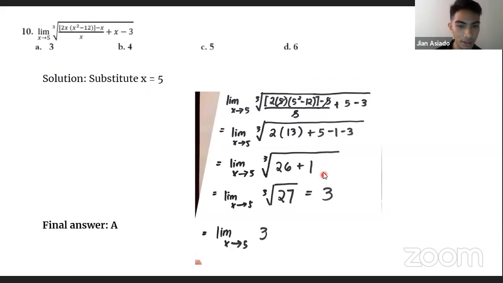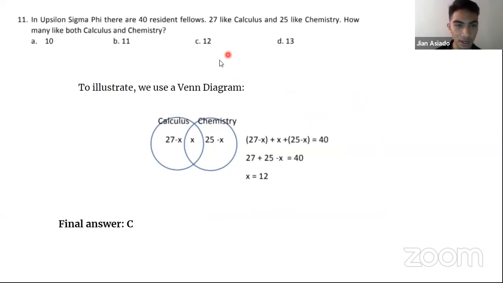Okay, number 11: of 40 residents, 27 like calculus and 25 like chemistry. How many like both calculus and chem?